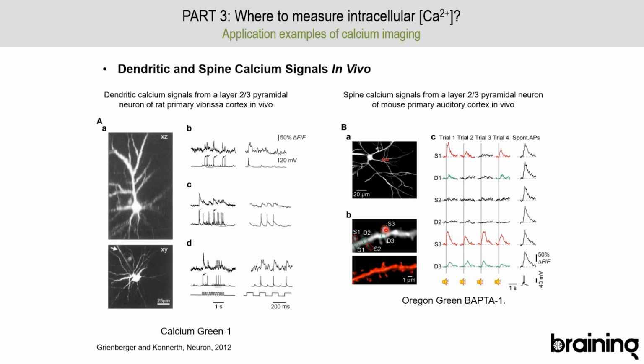And here you have the correlation of these regions to these traces. This is an in vivo experiment, and you can see that when there is a sound to these animals, the different parts of this pyramidal neuron have different responses to the sound. Okay, so this is the calcium signaling.